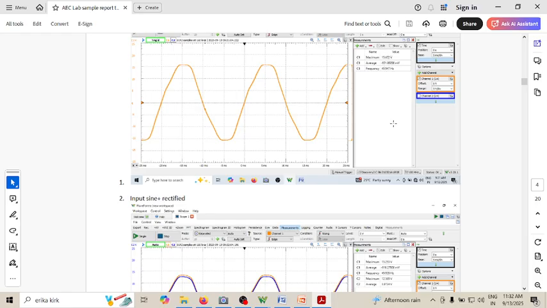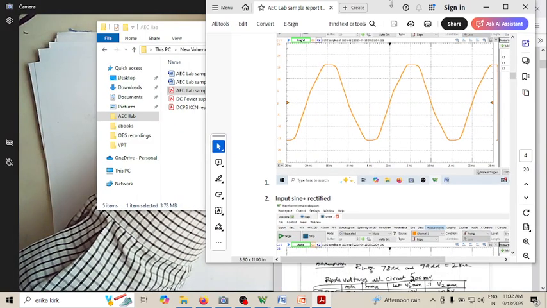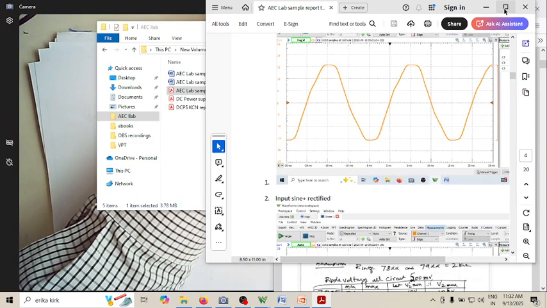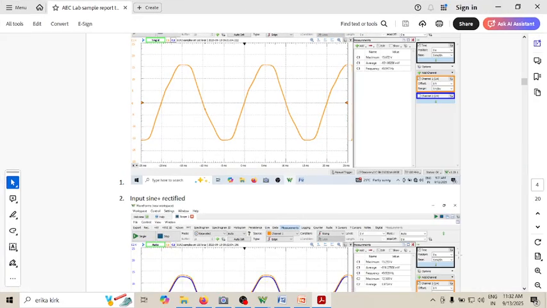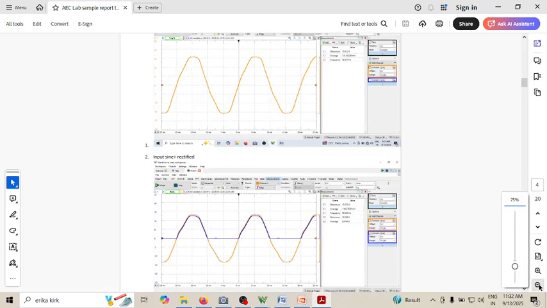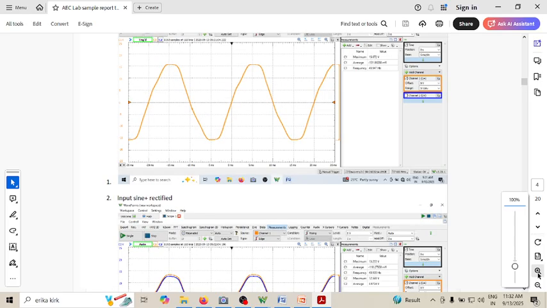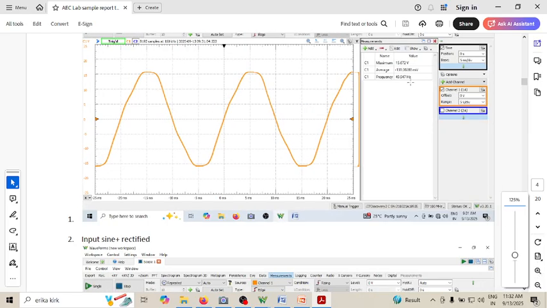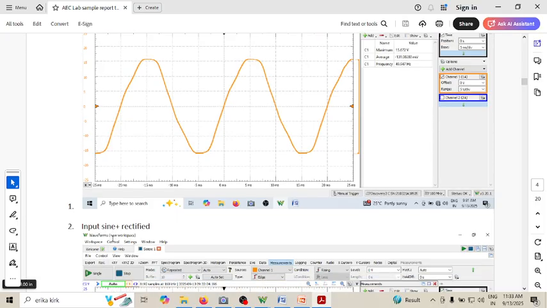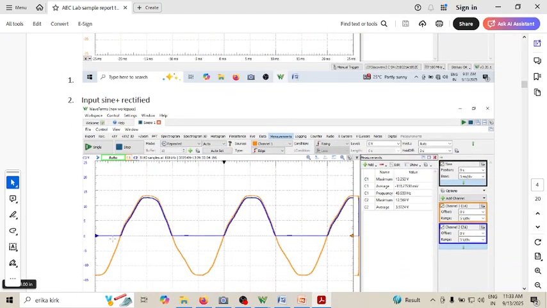You can see the frequency is 50 hertz, and the maximum is 15 point something, around 15.6, and the average voltage is almost zero. Then comes the input and the rectified. Now this is your rectified signal.